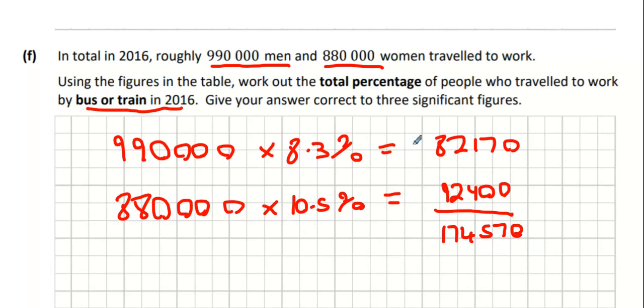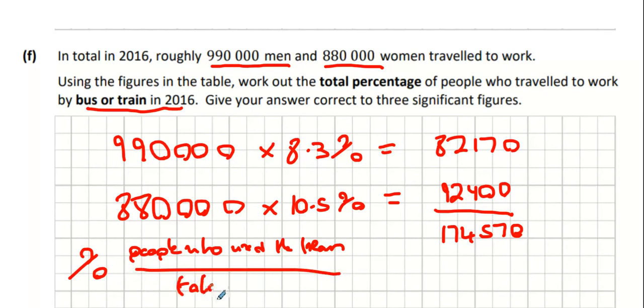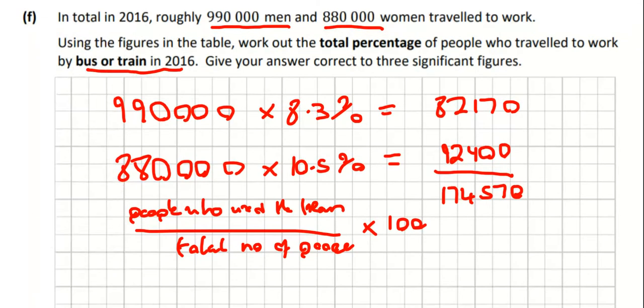Now to get the percentage of people who used the train, we need the number who used the train divided by the total number of people, multiplied by 100, and that's going to give us the overall percentage of people that travel to work by train or bus.